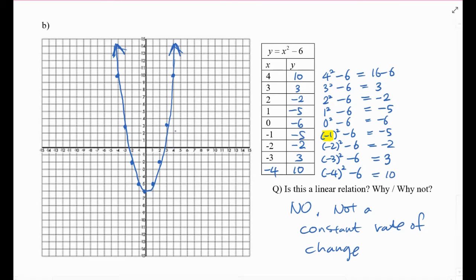So that's why we're joining the points. Okay, so we have a nice curve here. So it's like a U shape. And we call this kind of shape a parabola. This is a quadratic function.